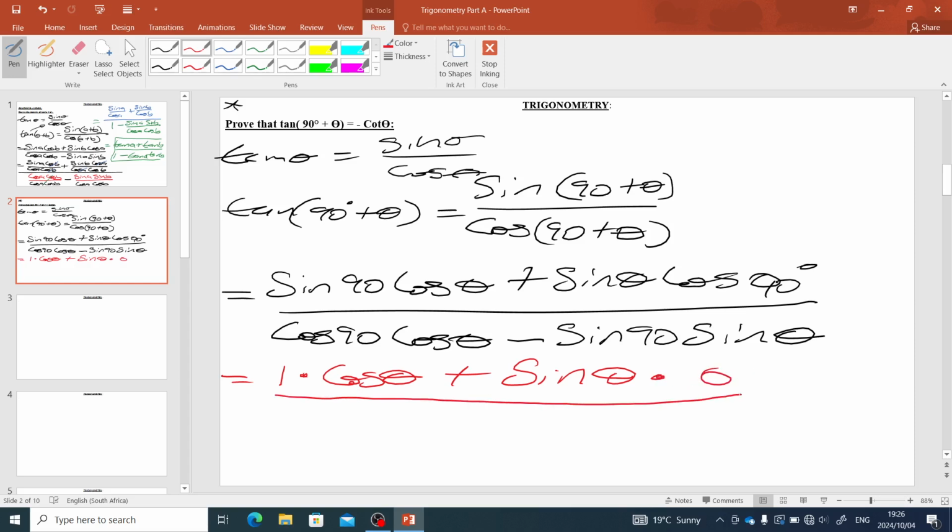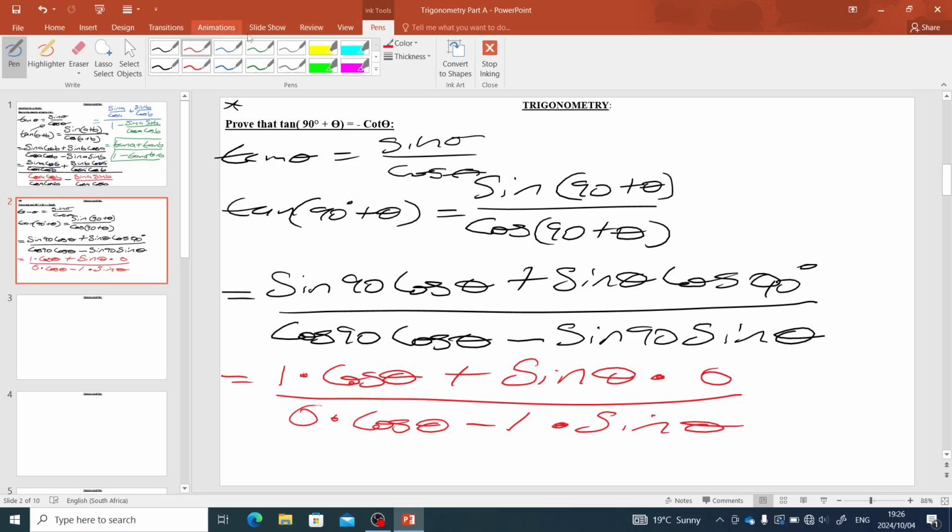Divided by, on the denominator, cos 90 is 0, so 0 multiplied by cos theta minus sine 90, which is 1 multiplied by sine theta.